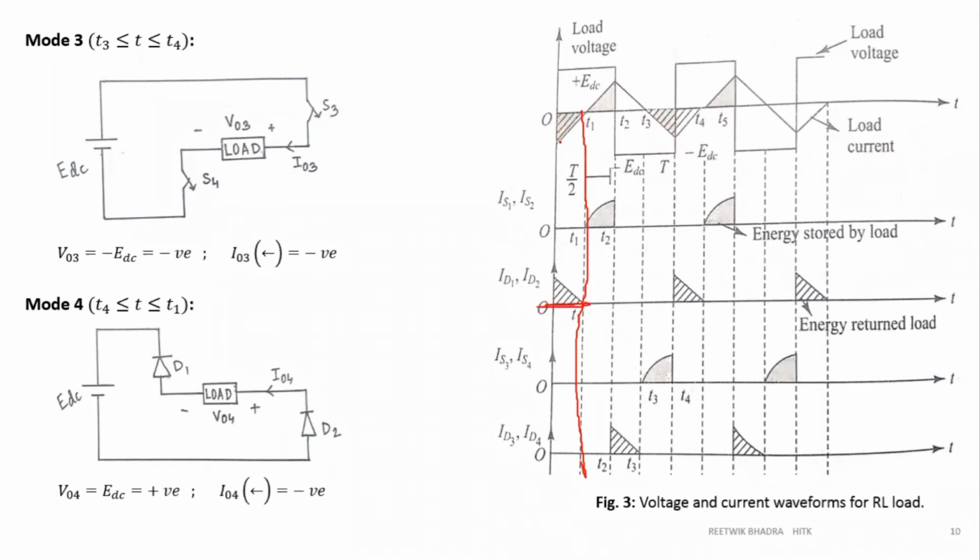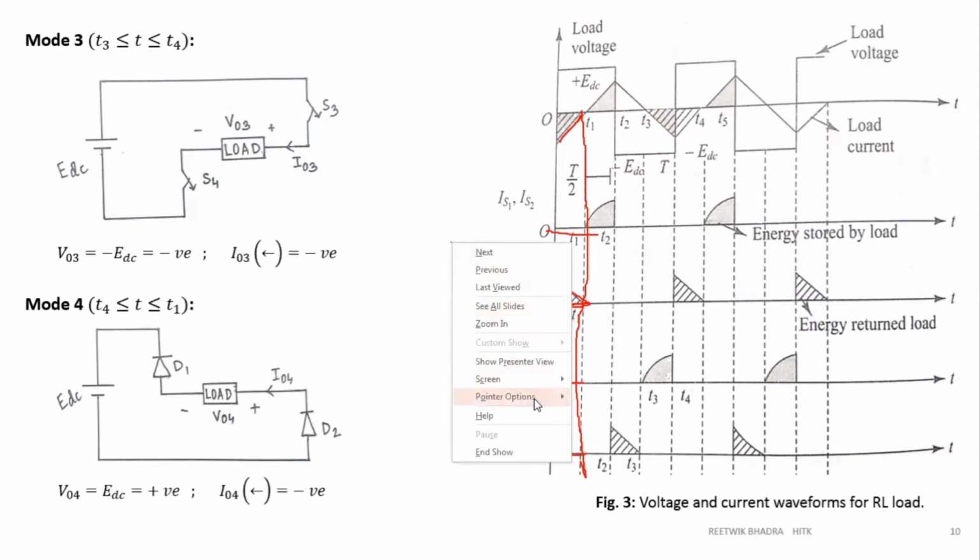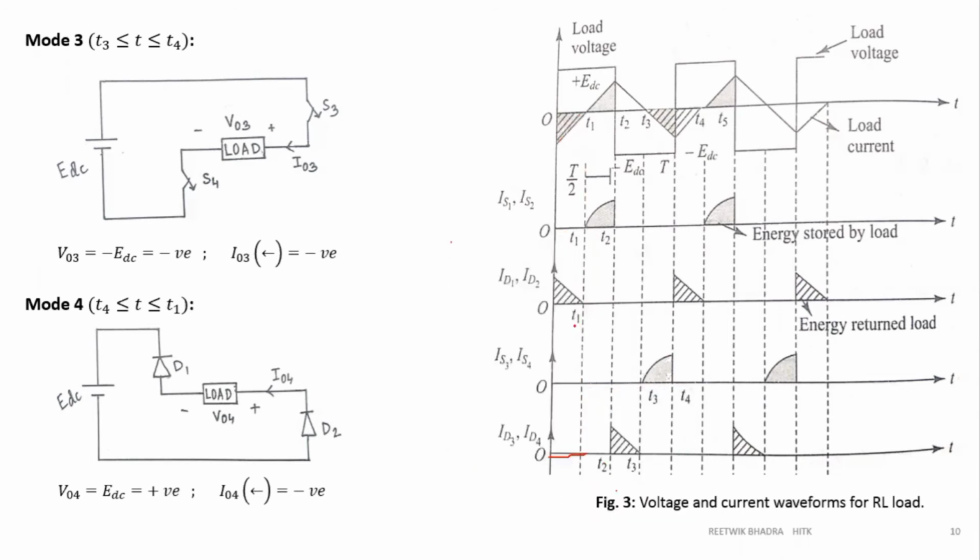But again, for diodes we have to show positive current, so the current is shown in the positive direction. All other currents are zero. So this is how your RL load operates.